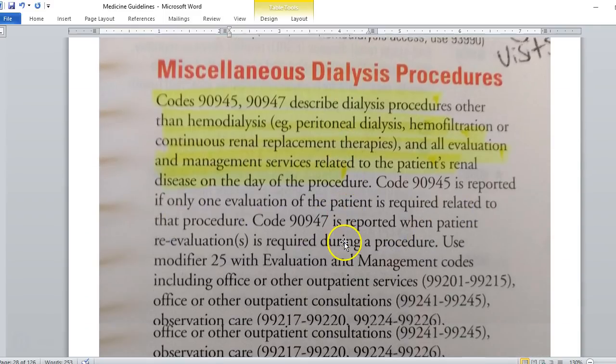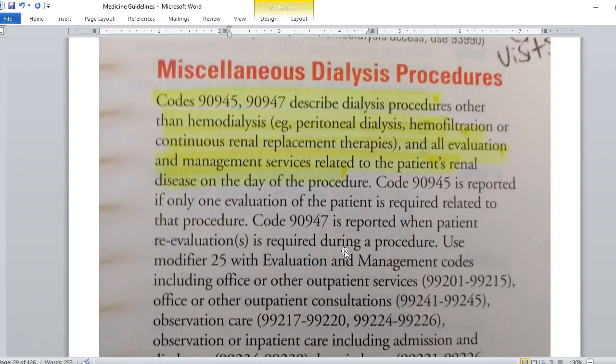Now, we have some miscellaneous dialysis procedures. Okay, so these are specifically for things that are other than hemodialysis, okay? Peritoneal dialysis, hemofiltration, or continuous renal replacement therapies, and all evaluation management services related to the patient's renal disease on the day of the procedure.